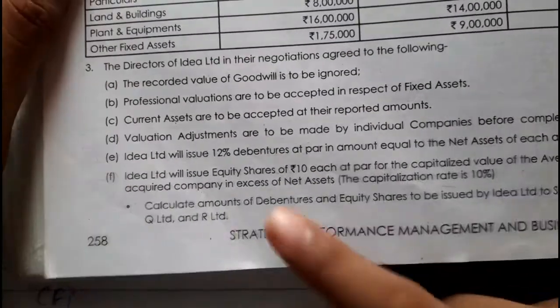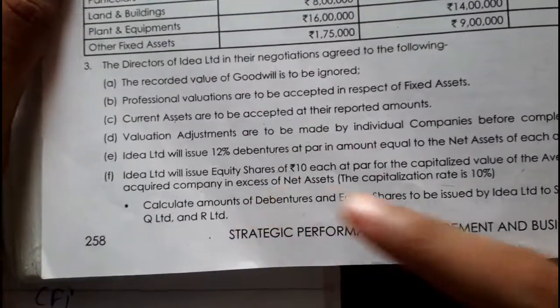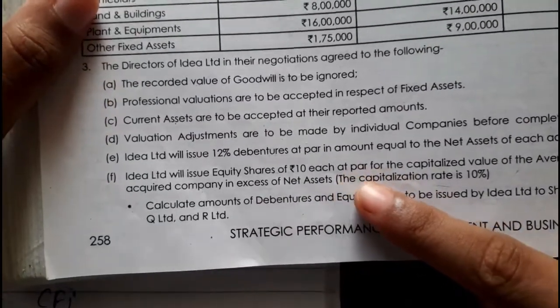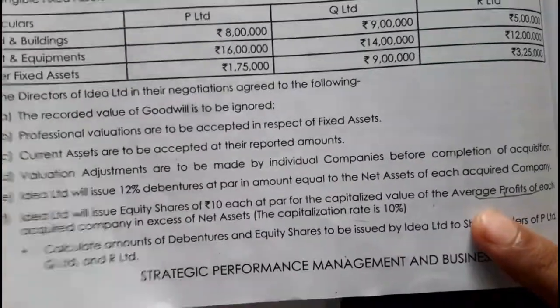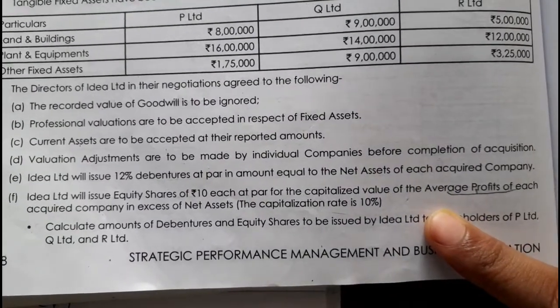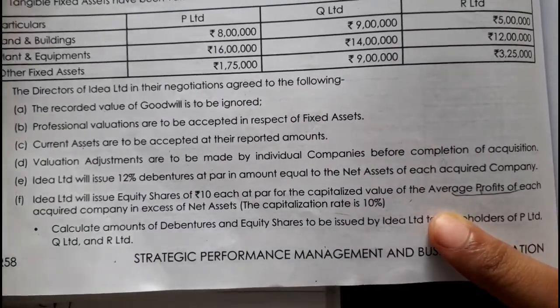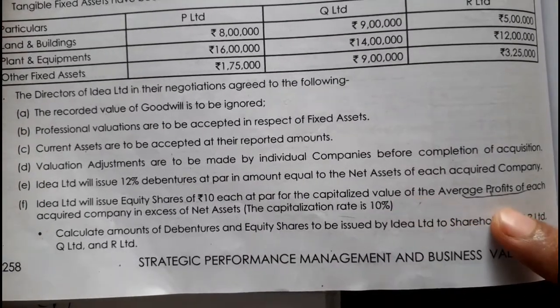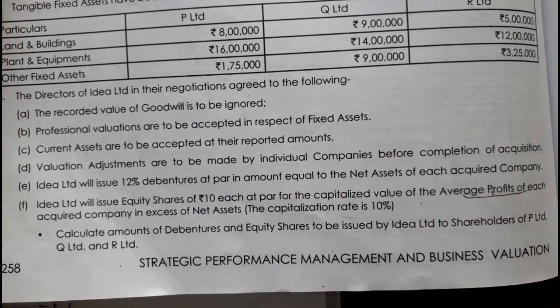Now it says Idea Limited will issue equity shares of rupees 10 each at par for the capitalized value of the average profits of each acquired company in excess of net assets. So we have to find the capitalized value of average profit, where the capitalization rate is given.